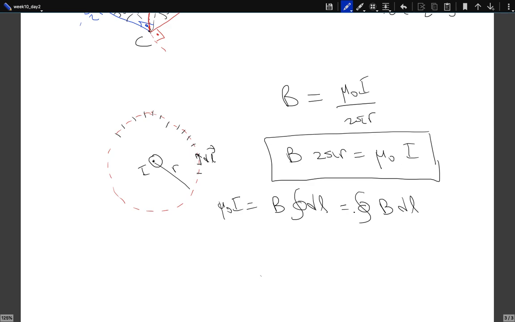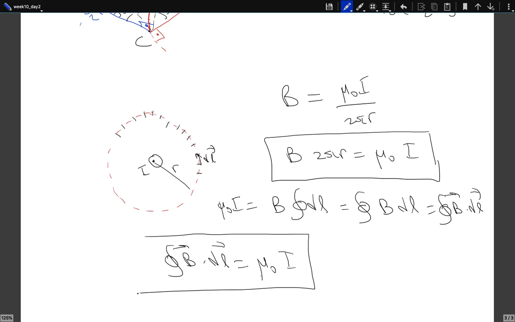So this B dl, this product of the magnitudes, is nothing but the scalar product of those two vectors. So now we have the integral of B dot dl equal to mu0 times I. And here there are no factors of pi.